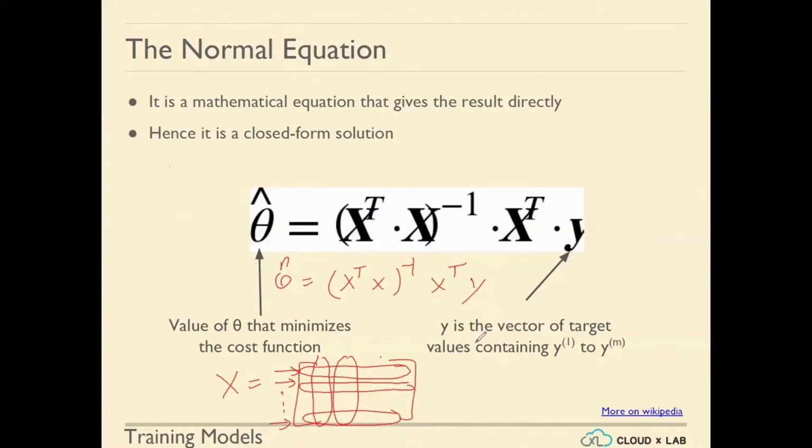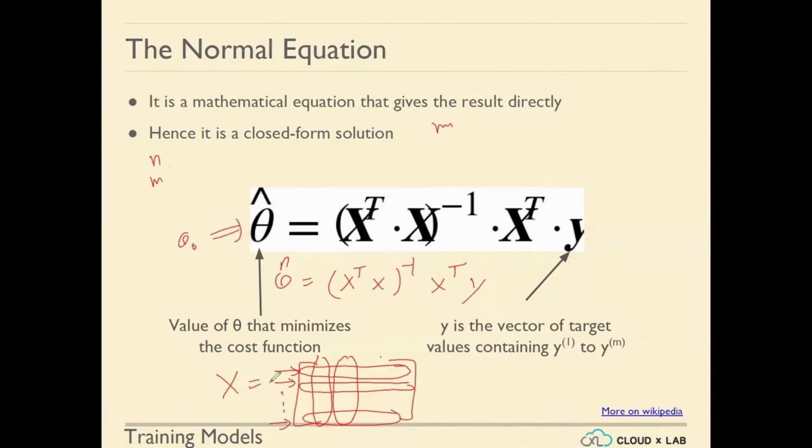Okay, let's take one example. Suppose we have m data points, and there are n features. So the number of features is n, and the number of data points is m. And suppose we have a bias term theta 0.